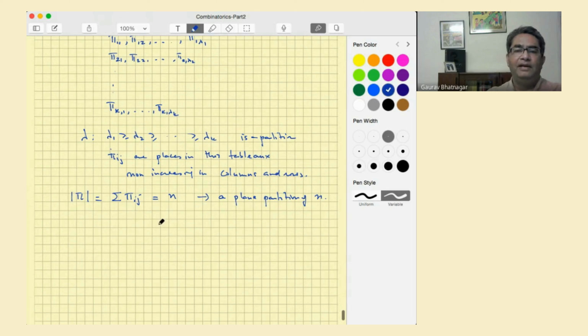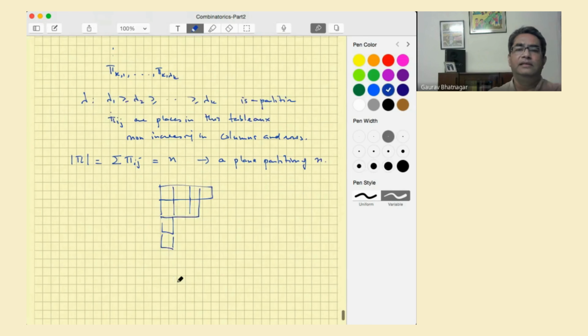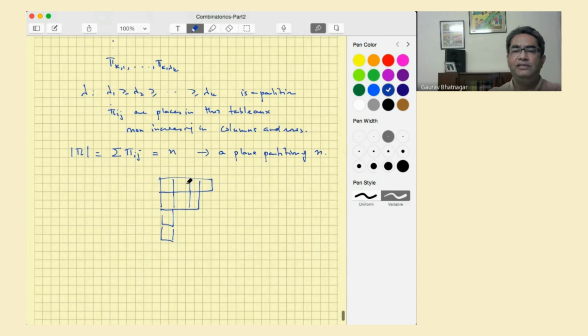So you have a partition, something like this, and then you have numbers placed over here which are non-increasing. That means something like this: decrease here, decrease here, decrease here, decrease here, decrease here.